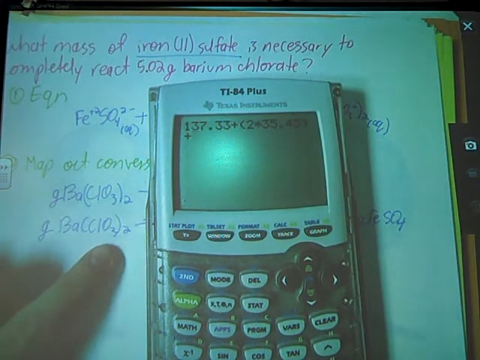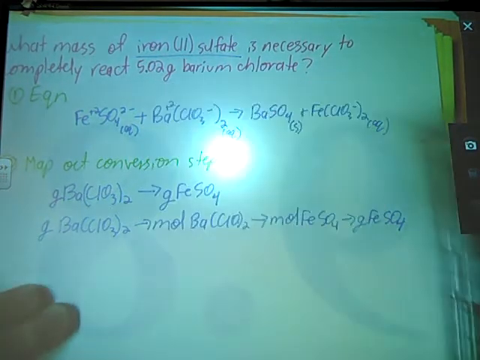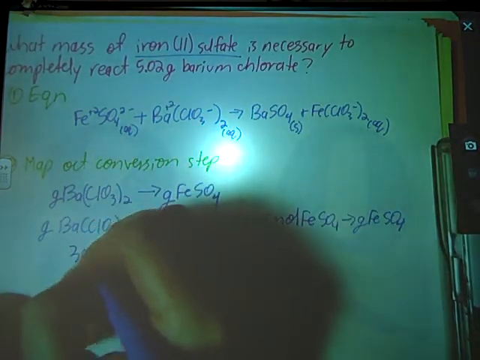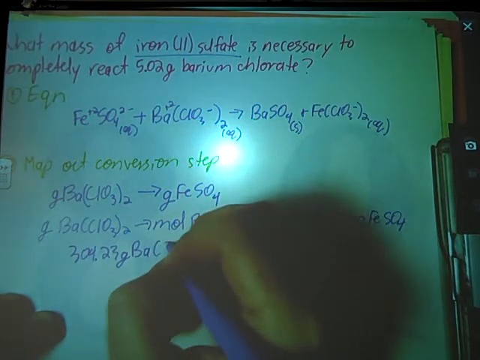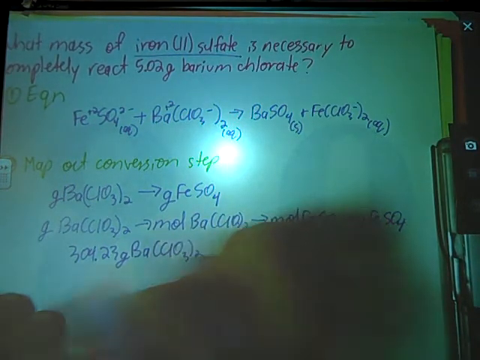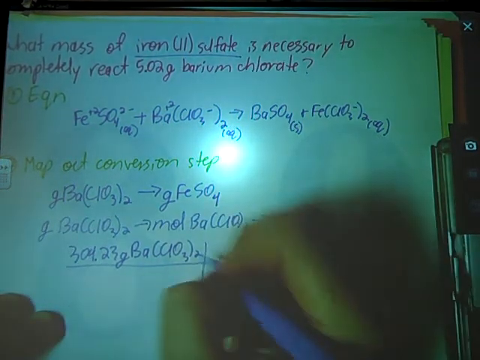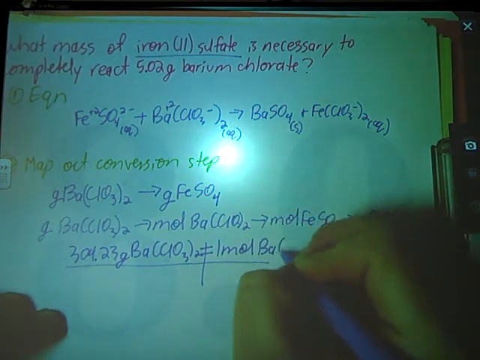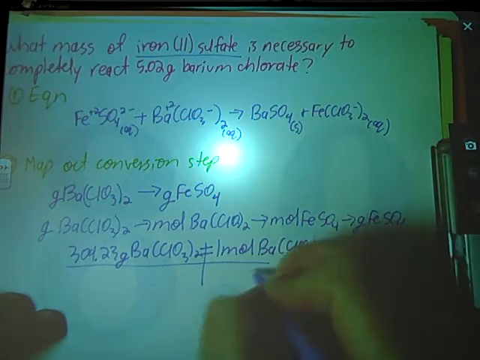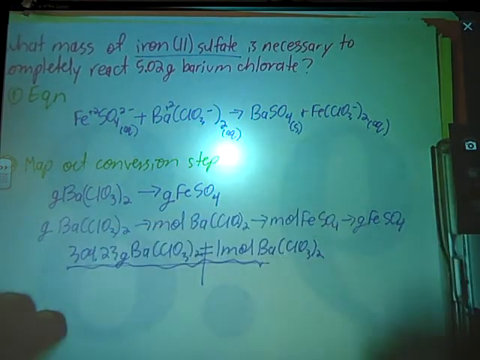My oxygens are coming in sets of 3, but I have 2 sets of 3. It's a grand total of 6. So 304.23 grams of barium chlorate per, whoops, why did I do that? 1 mole of barium chlorate. Ignore my little stupid there.